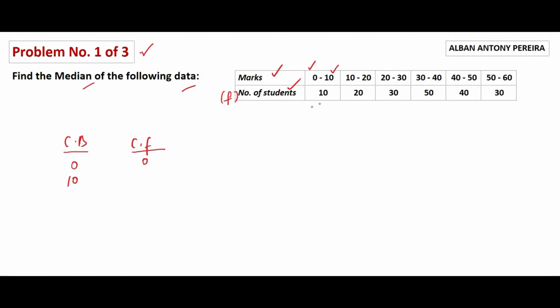Cumulative frequency will be 0 plus 10, that is 10. Next class boundary is 20. 10 plus 20 is equal to 30. Next class boundary is 30. 30 plus 30 is equal to 60.